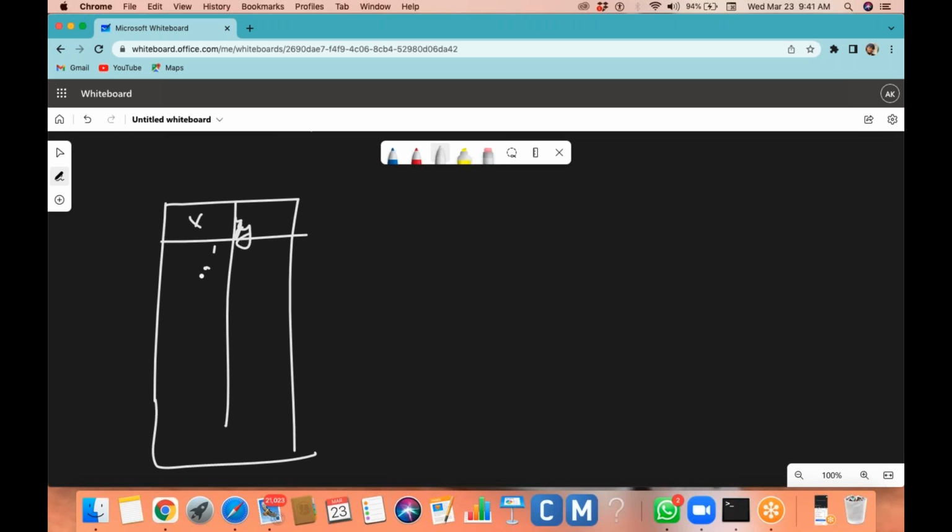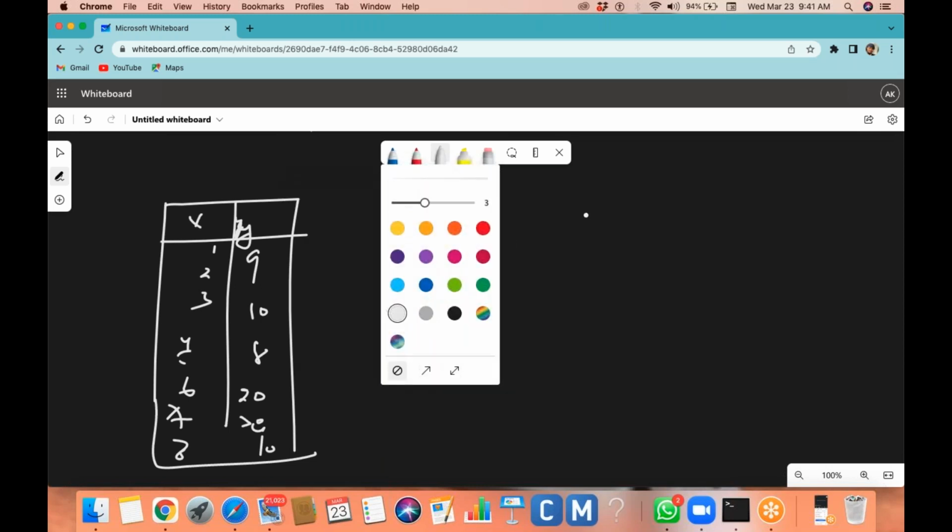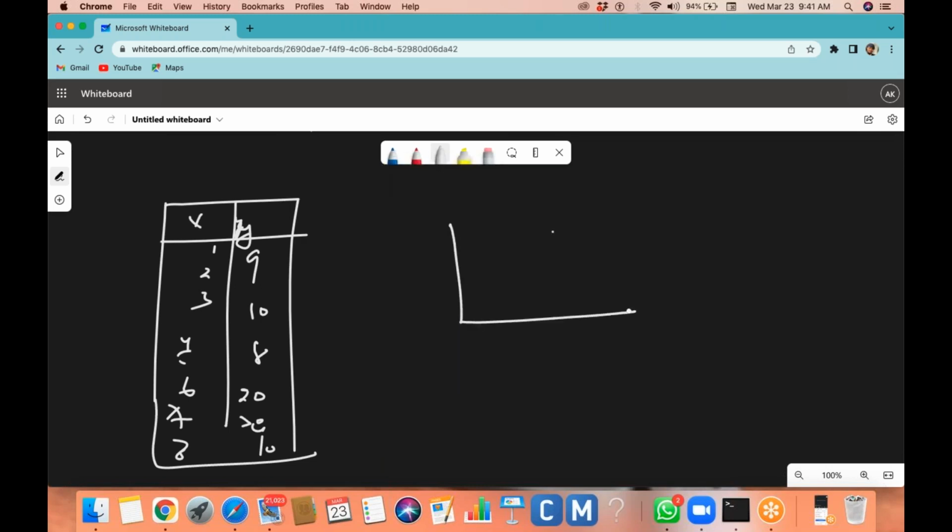X is 1, 2, 3, 4, 5, 6, 7, 8, 9, 10 and Y is 8, 20, 30, 40, something like this. It's not exactly linear.